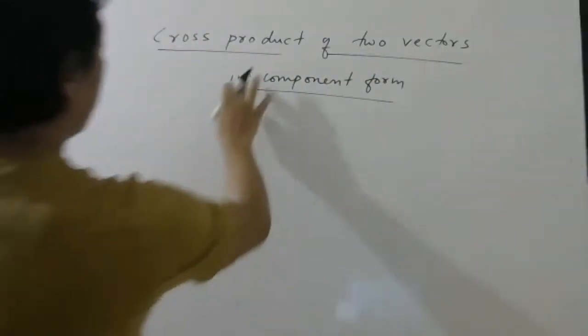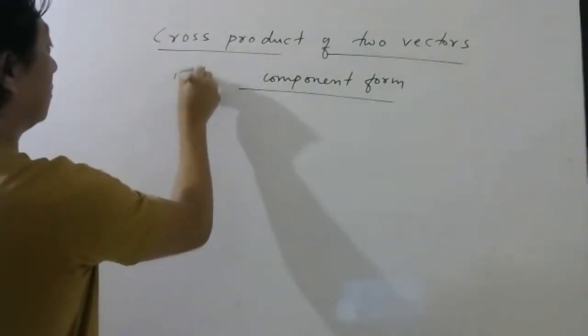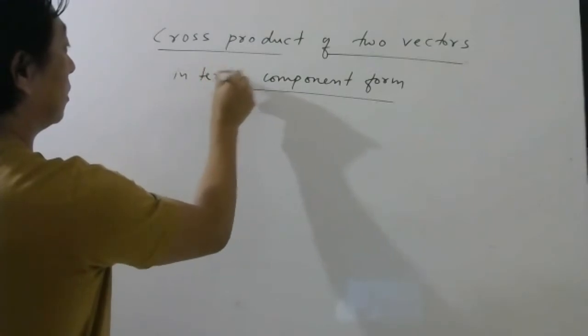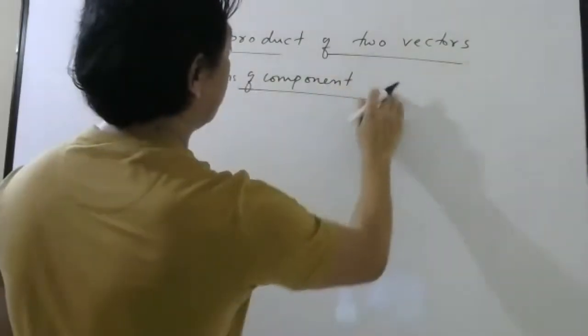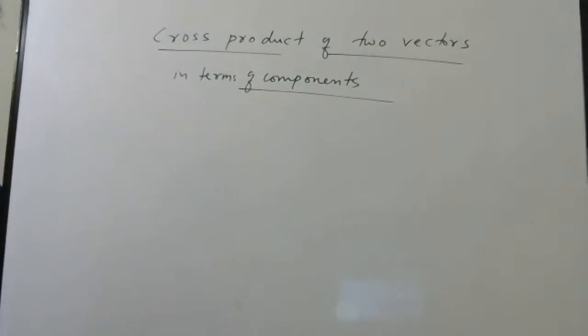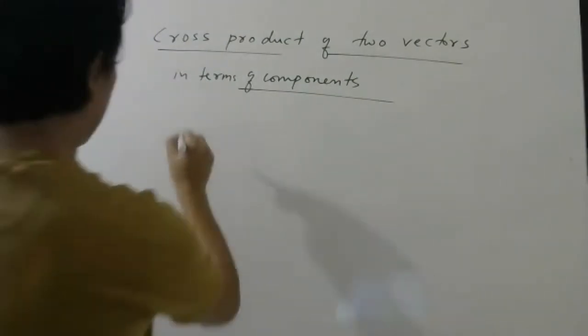Or in terms of components. So think two vectors are given to you.